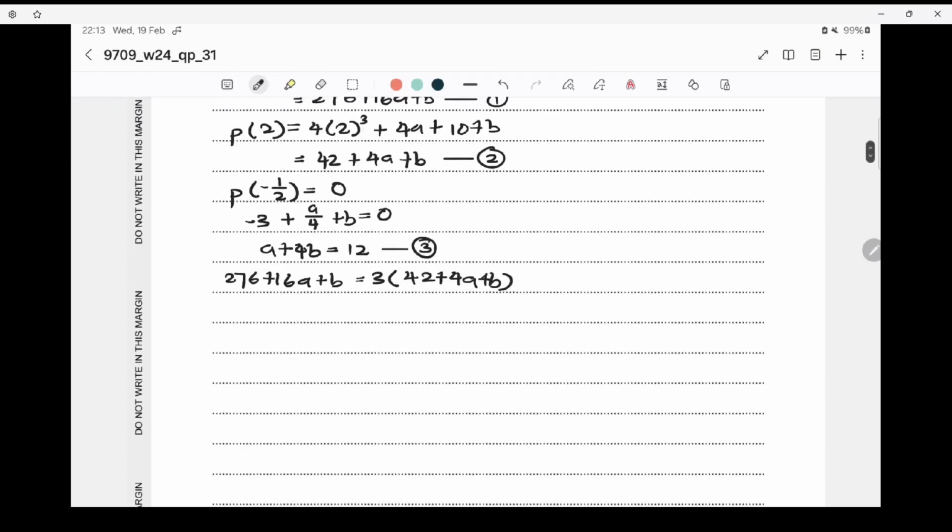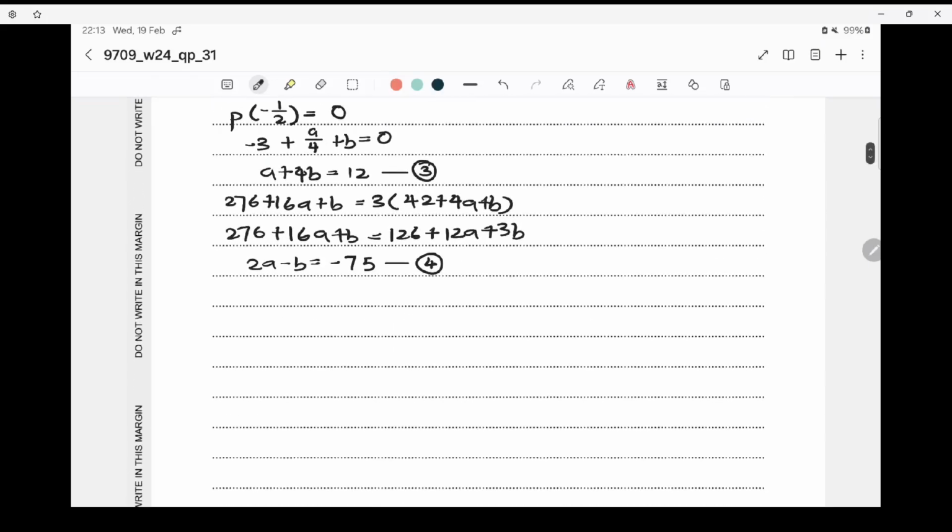So you do a simplification. You have 276 plus 16a plus b equals 126 plus 12a plus 3b. You simplify everything, and in the end you would get 2a minus b equals minus 75. This will be your equation 4.